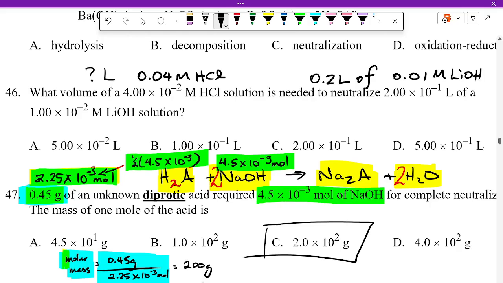So here, that will give me 0.002 moles. Is that correct? Do you guys agree?